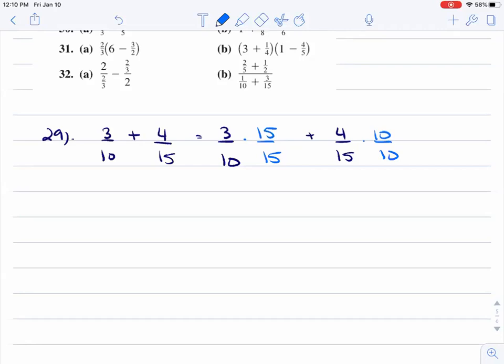This is not the least common denominator. The textbook talks about the least common denominator, and I prefer this method because it's a lot safer. If you're trying to find the least common denominator, the smallest thing that divides both of these values, you could use that, but I like this way because if I do this every time, then I know it's going to work.